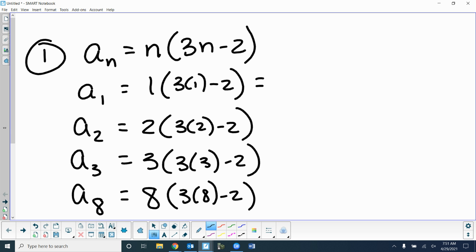All right, so 3 times 1 is 3 minus 2 is 1 times 1 is 1. And 6 minus 2 is 4 times 2 is 8. And 9 minus 2 is 7 times 3 is 21. And 24 minus 2 is 22 times 8 is 176. Is that right?